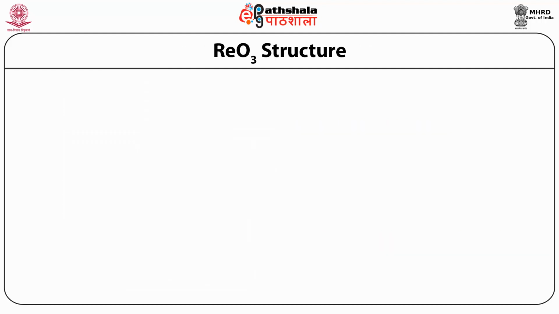Now let us discuss ReO3 structures. These ReO3 structures are representative oxides. The stoichiometry for such structures is MX3 and the lattice type is primitive cubic.